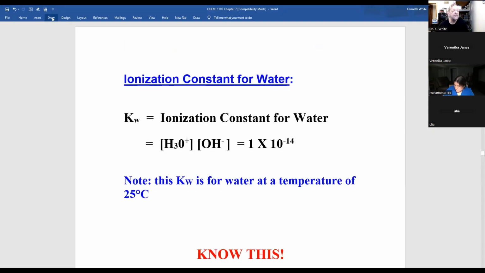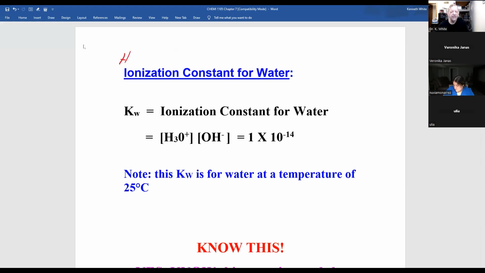I even have it on the slide at the bottom. Hint, know this. The ionization constant is the hydronium ion concentration, and when you have these brackets around a molecule's formula, that means concentration, moles per 1,000 milliliters.